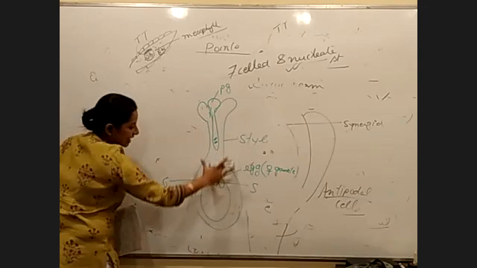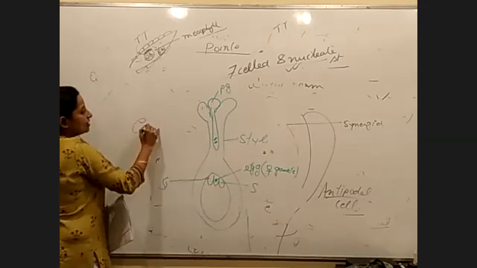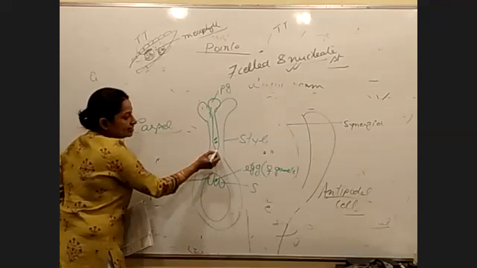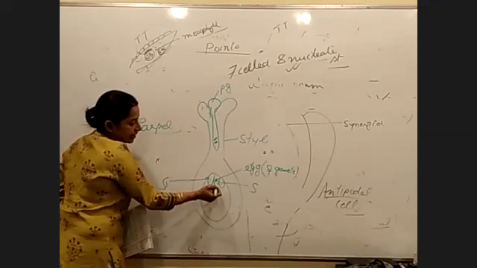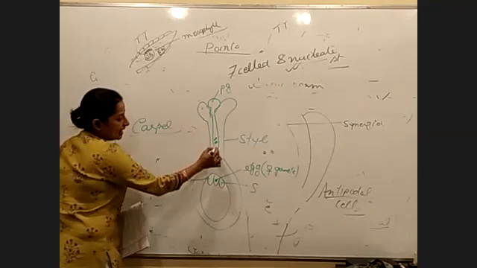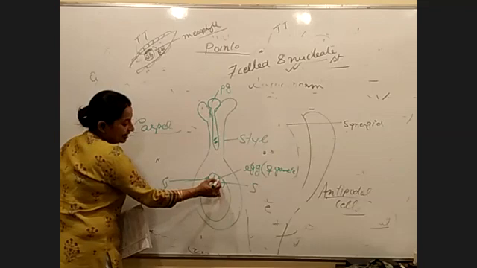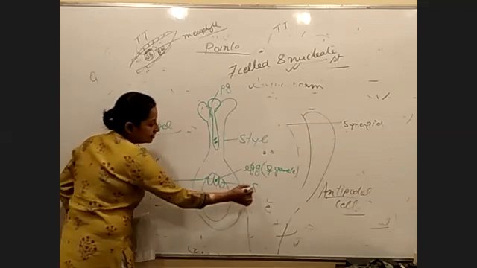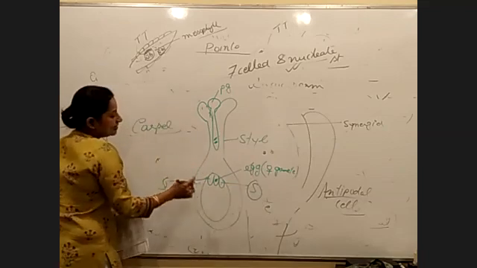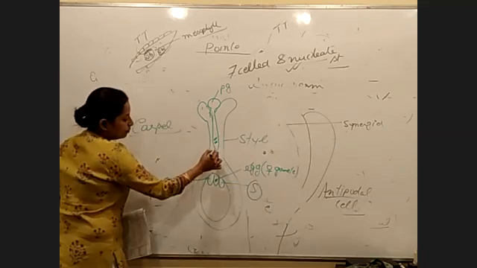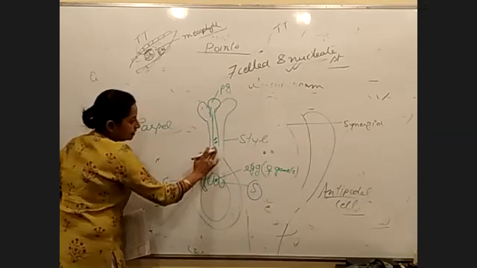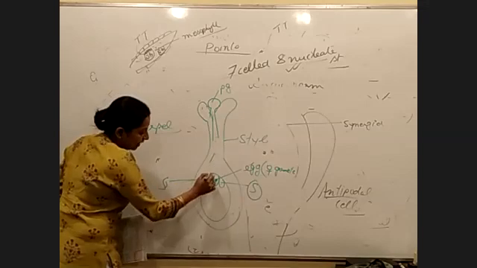Now inside this structure, this whole structure we call the carpel. So inside this structure, how will the pollen tube know where the male gamete and female gamete are? It has to locate the egg, and who helps in locating the egg is the synergid, right? When the pollen tube enters your embryo sac, right? Suppose the pollen tube has entered the embryo sac.